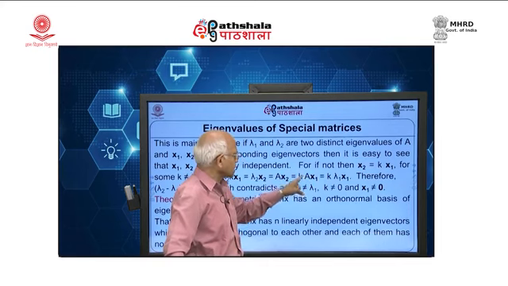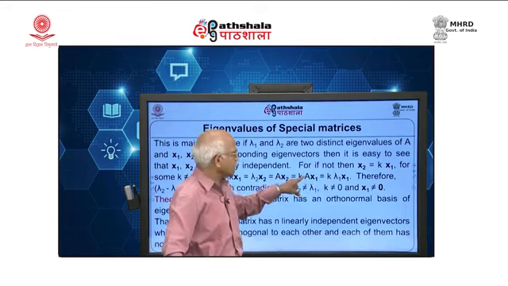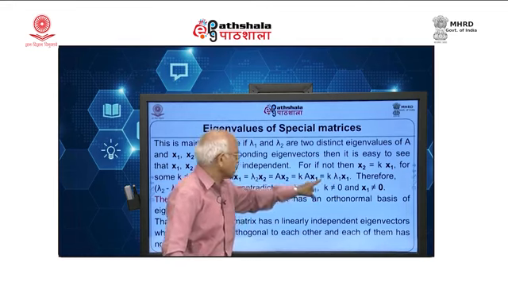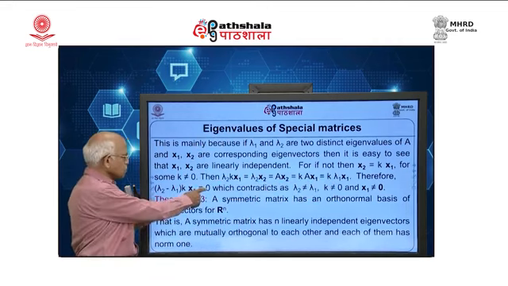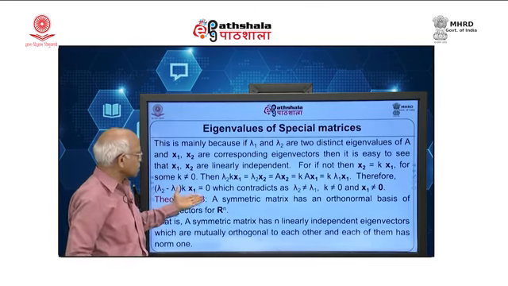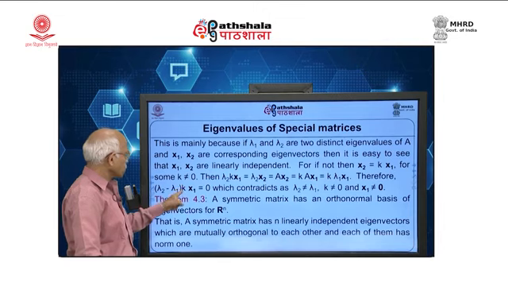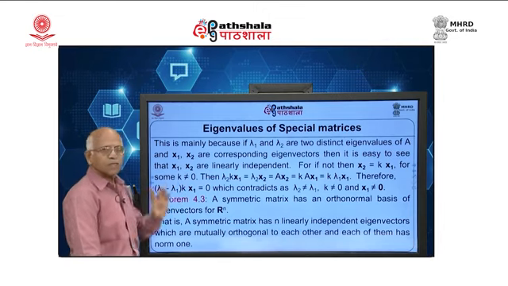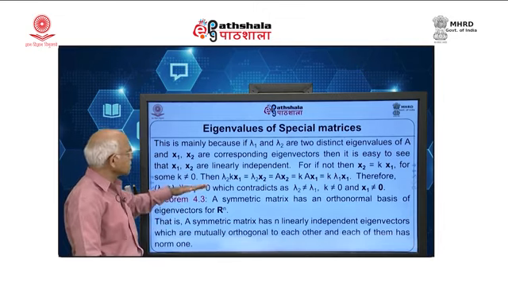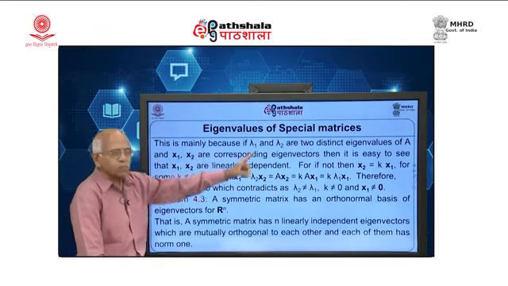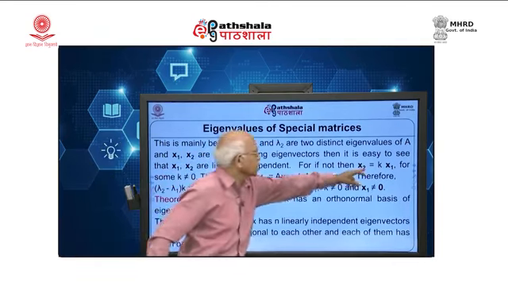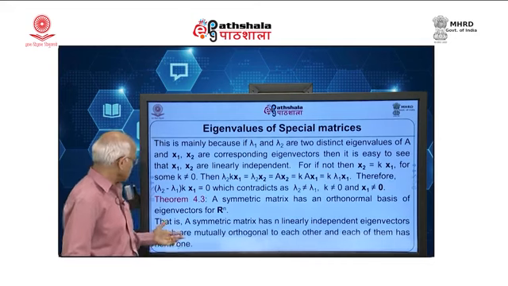So, I can write it as k into A x1 bar, and A x1 bar is lambda 1 x1 bar. So, I get this, from that I will get this equal to 0, but which contradicts. Why? Because neither lambda 2 and lambda 1 are equal, nor k equal to 0, nor x1 equal to 0, and therefore, this contradicts, and therefore, we conclude that this is not possible, and therefore, they must be linearly independent.